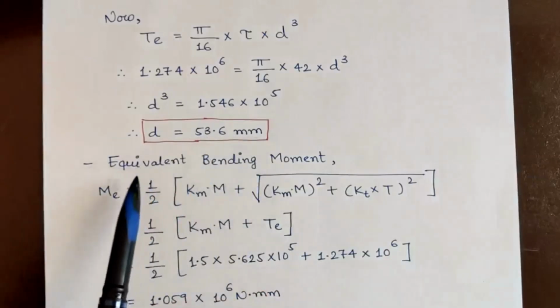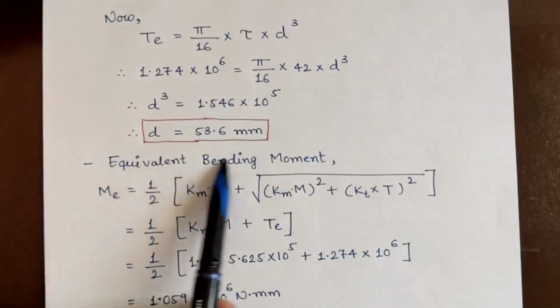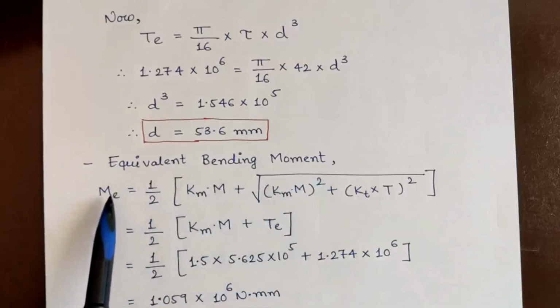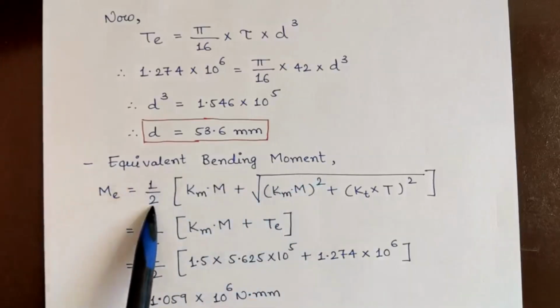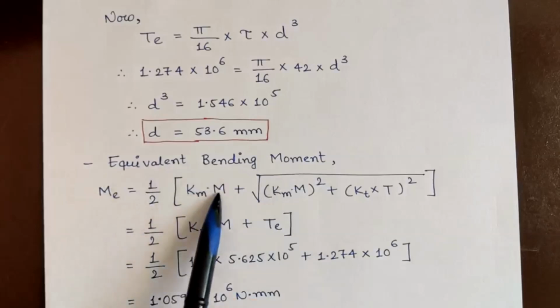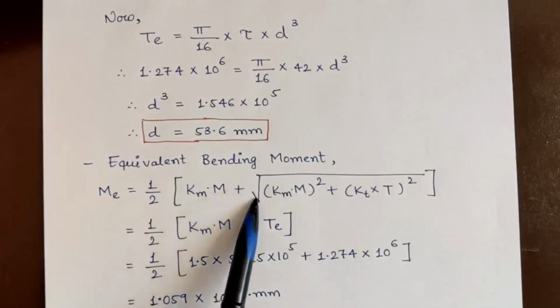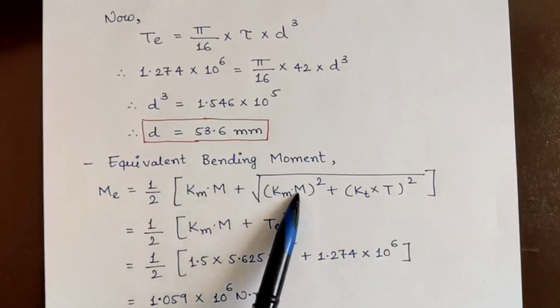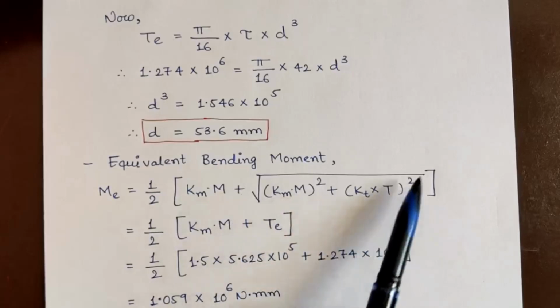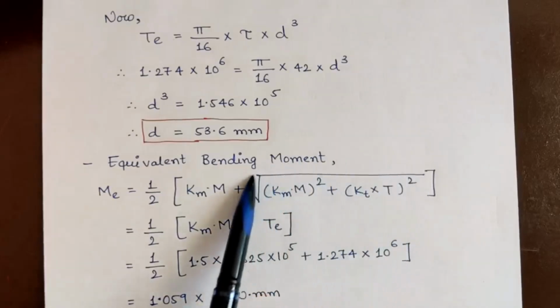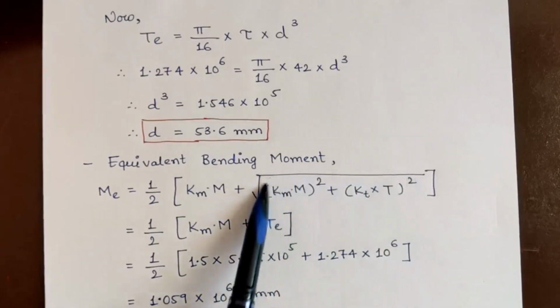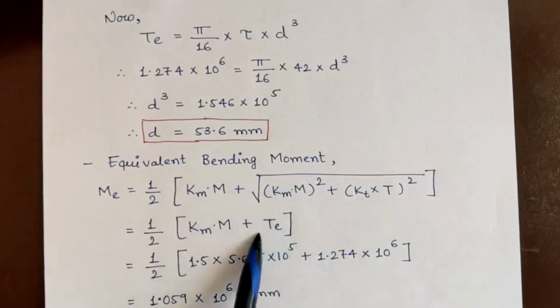Our next step is to find out equivalent bending moment, that is Me is equal to 1/2 into bracket Km into m plus root of (Km into m) whole square plus (Kt into T) whole square. But we know that this term itself represents equivalent twisting moment.